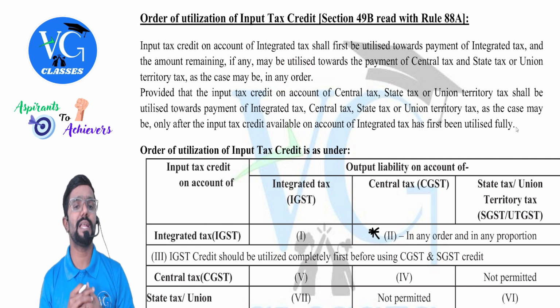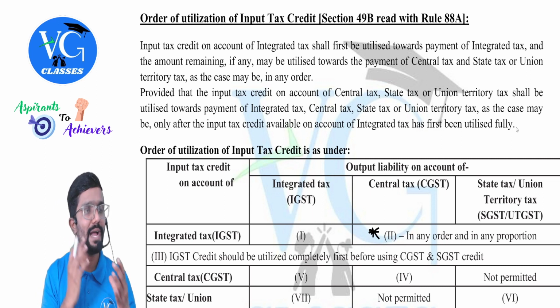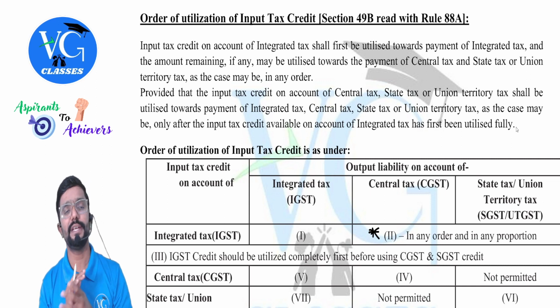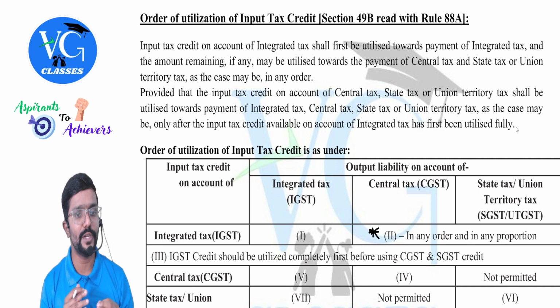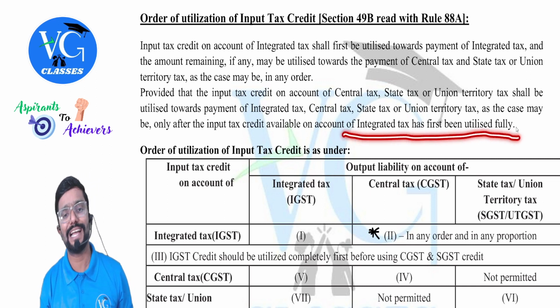Provided that the input tax credit on account of central tax, state tax, union territory tax shall be utilized towards payment of IGST or CGST or SGST or union territory tax, that is UTGST, as the case may be, only after the input tax credit available on account of integrated tax has first been utilized fully.